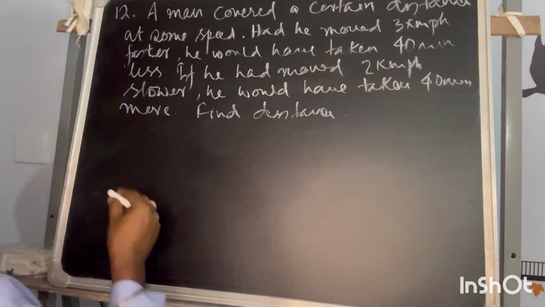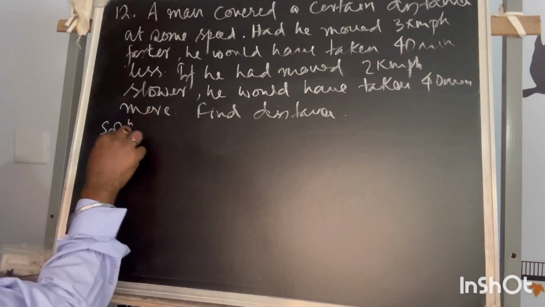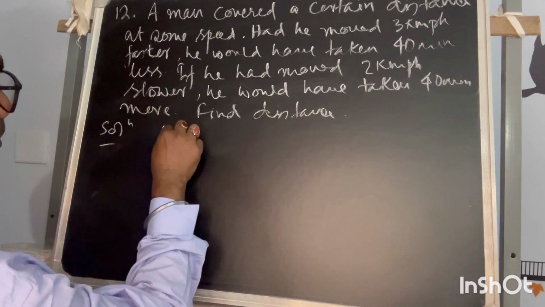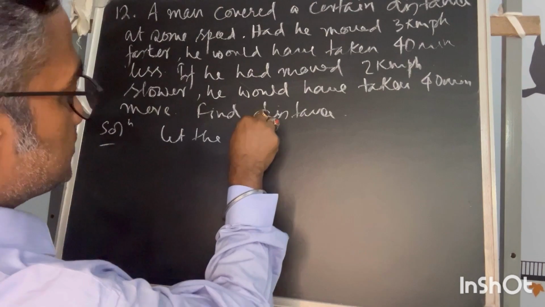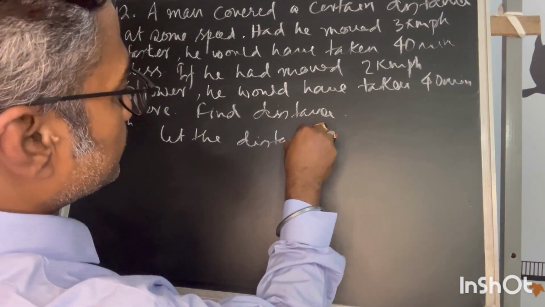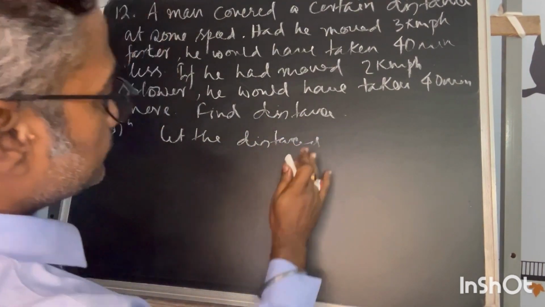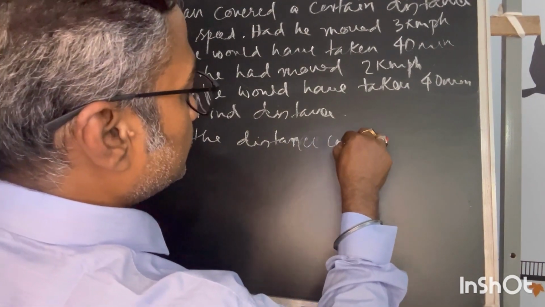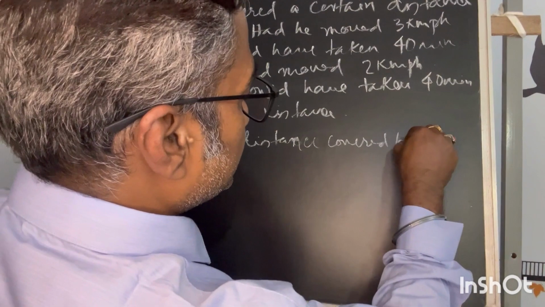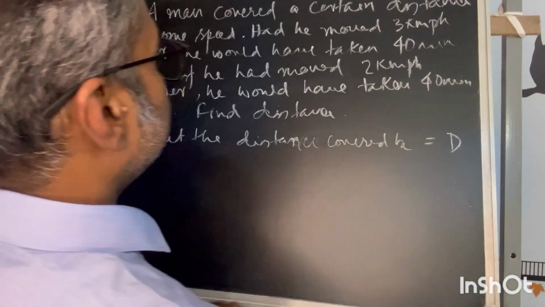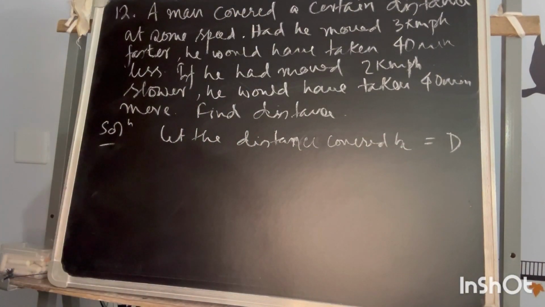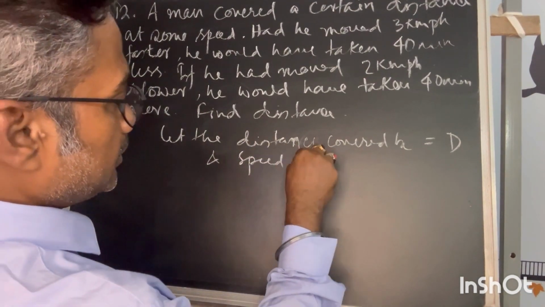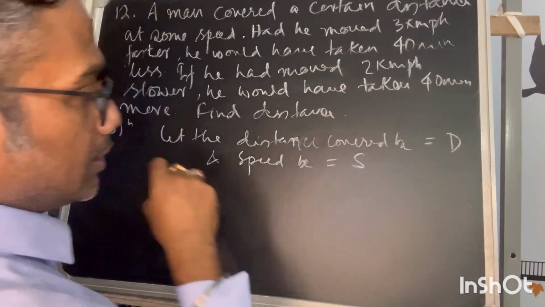So a man covered a certain distance. Let the distance covered be d at some speed, and let the speed be s.